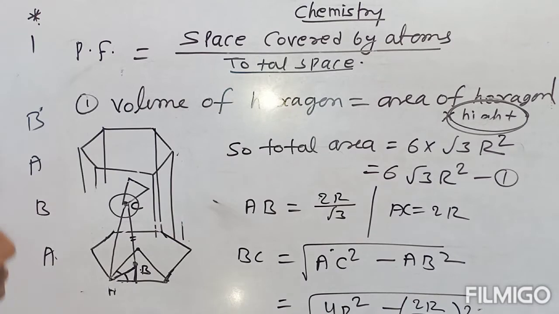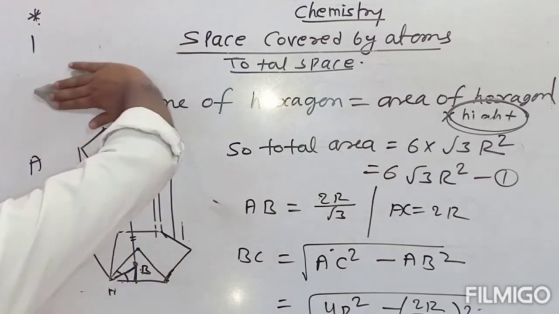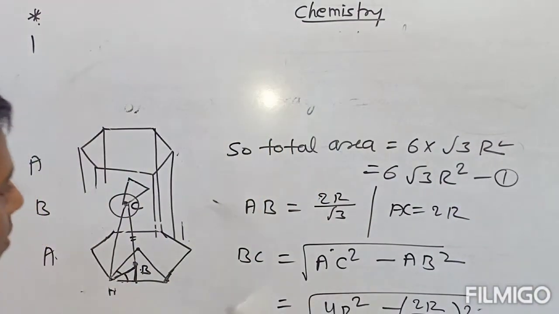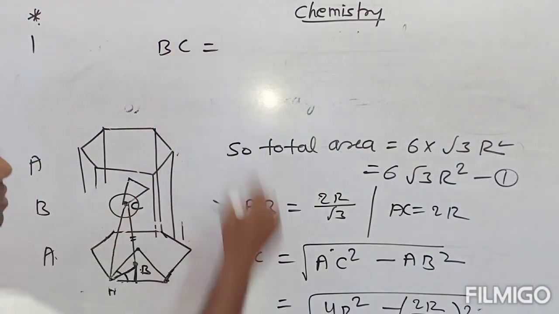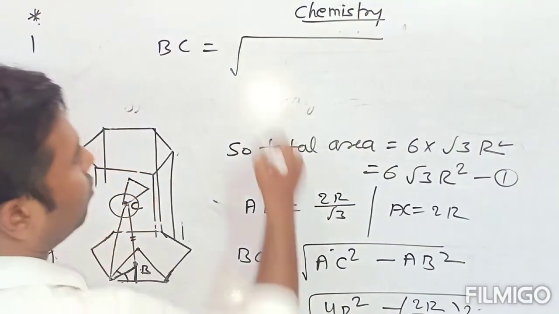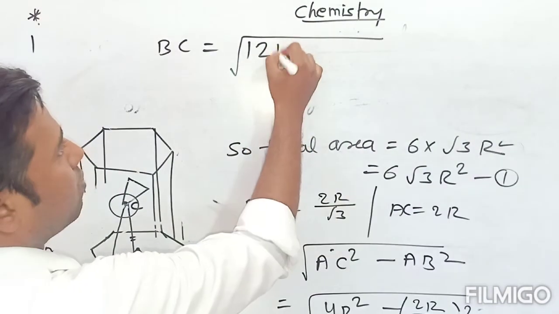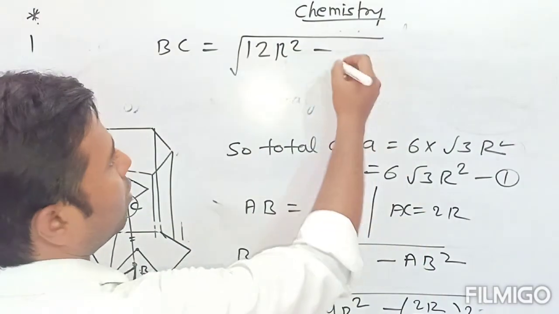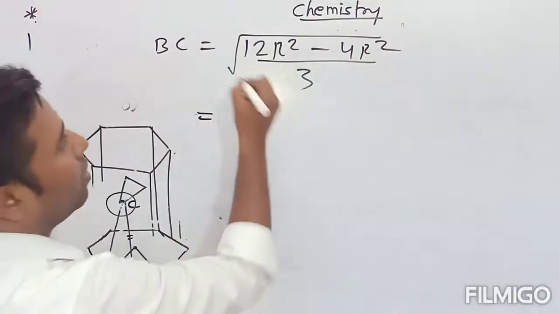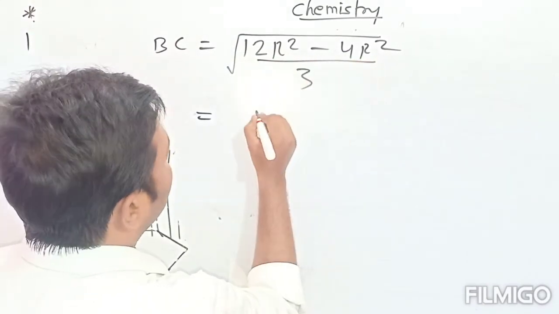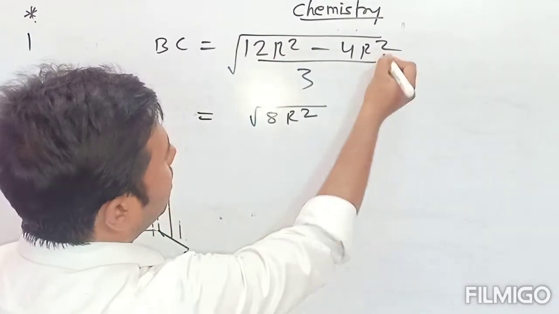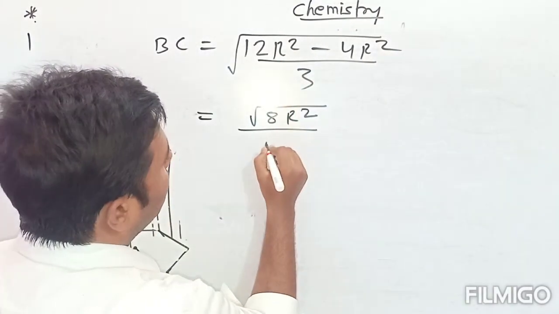Clear? So BC is equal to under root of 12R square minus 4R square by 3, which is root 8 R square by root 3.